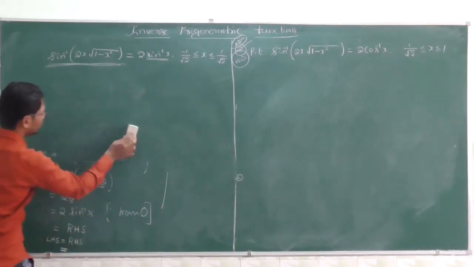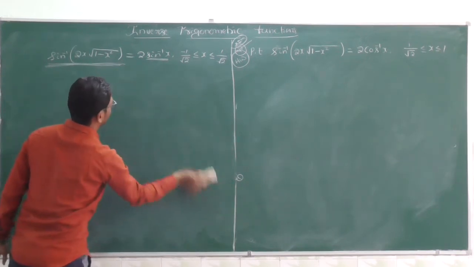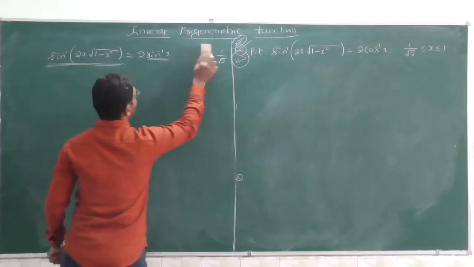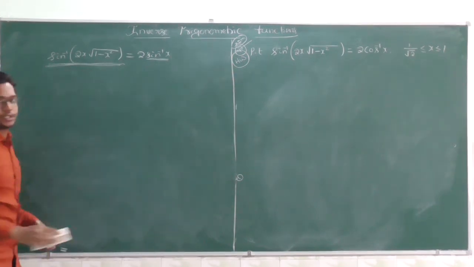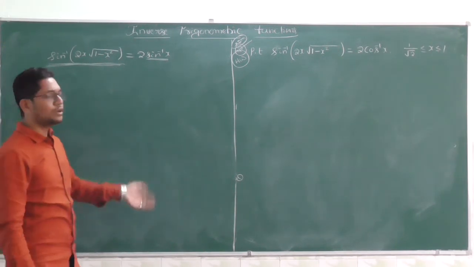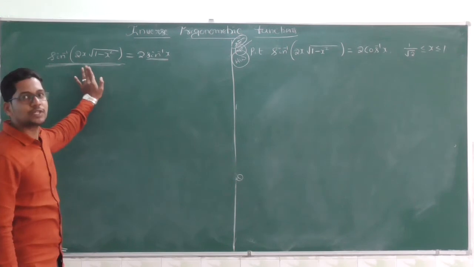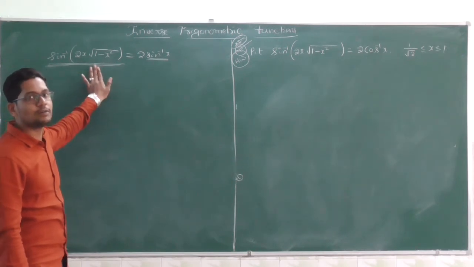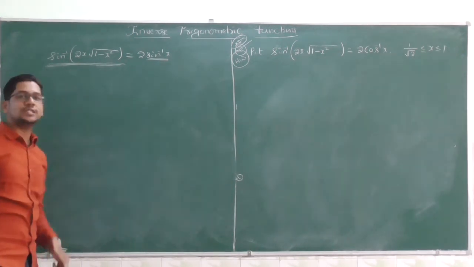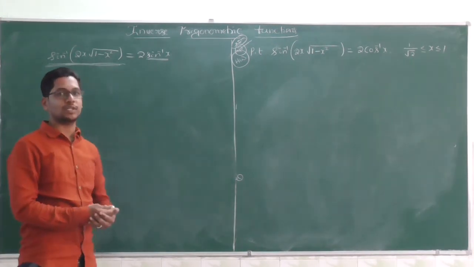If he asks for 1 mark, write the condition. Suppose we have the question for 1 mark, how is he going to ask? For what values of x is this condition satisfied?